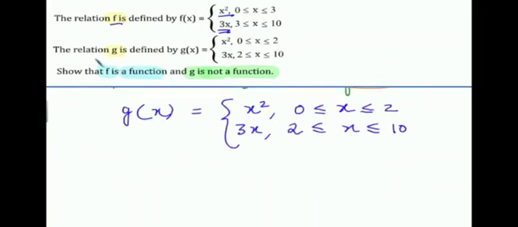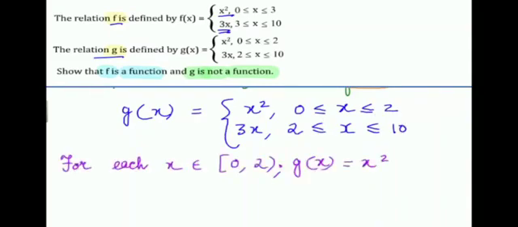Now we are moving to the function g, the relation g. Relation g is defined: g of x is equal to x square between 0 to 2, and 3x between 2 to 10. So for each x belonging to 0 to 2, g of x is equal to x square.